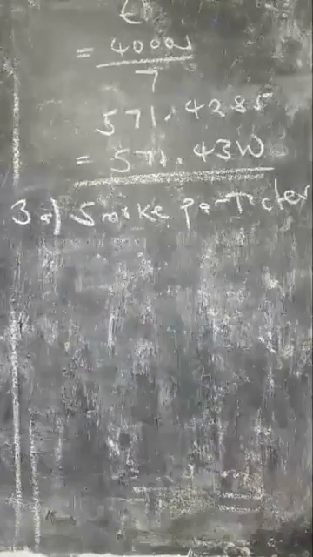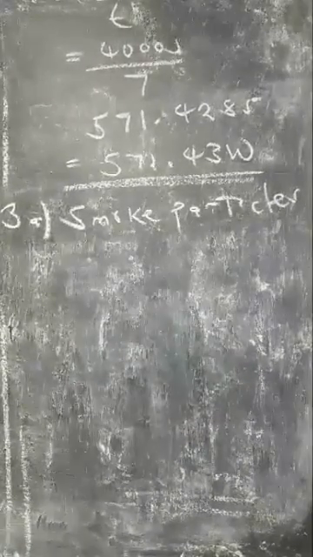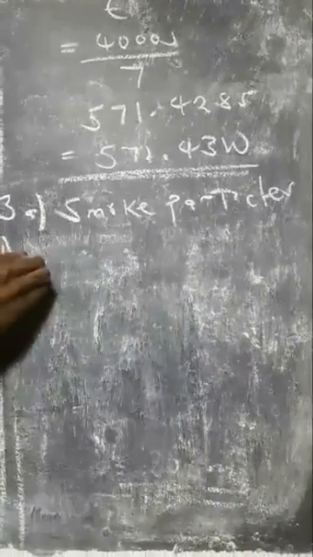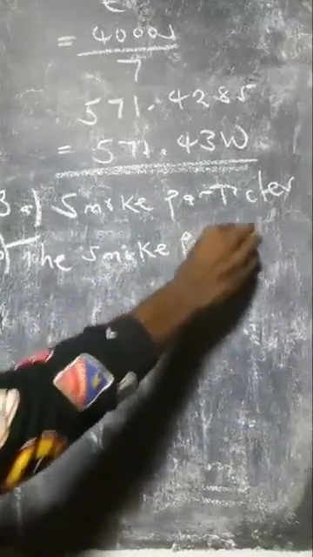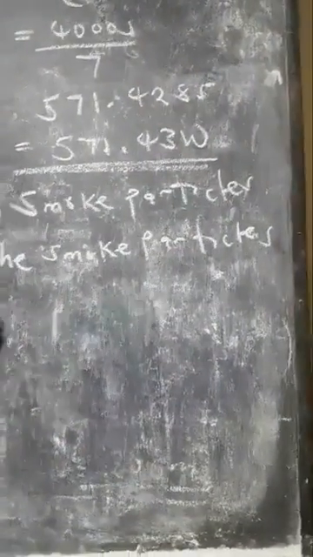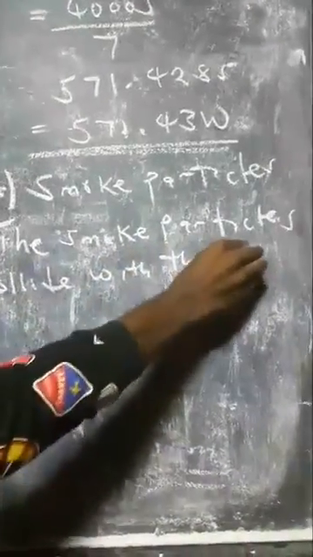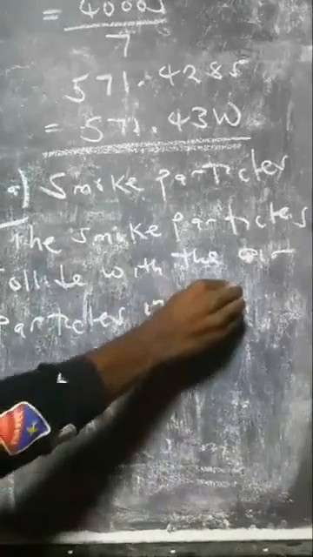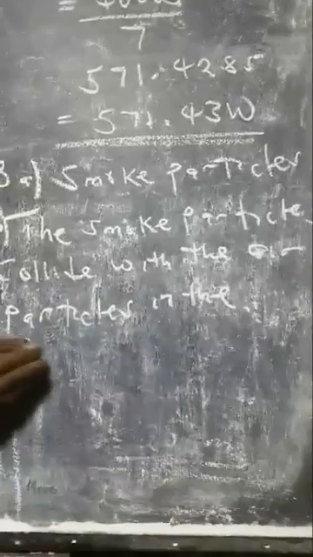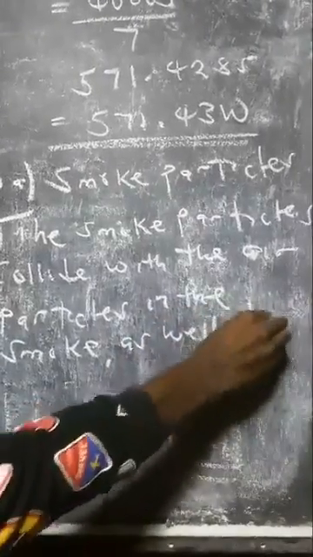So why are the bright specks dancing about? Like I said, the smoke particles collide with the air particles in the smoke cell, as well as light particles.